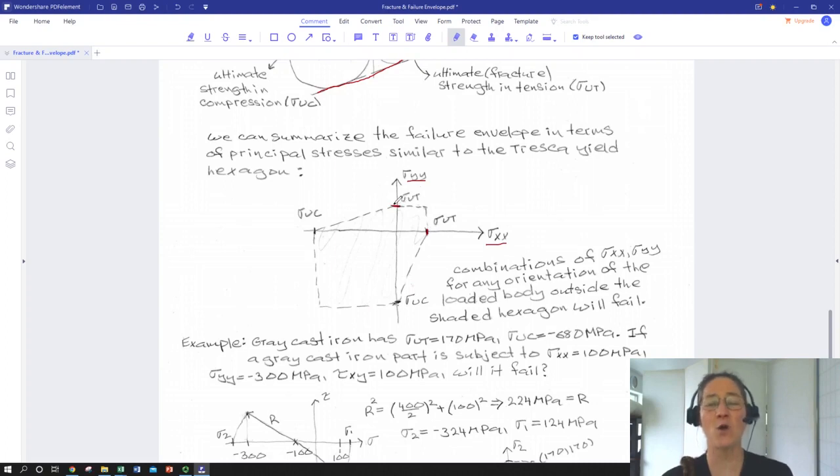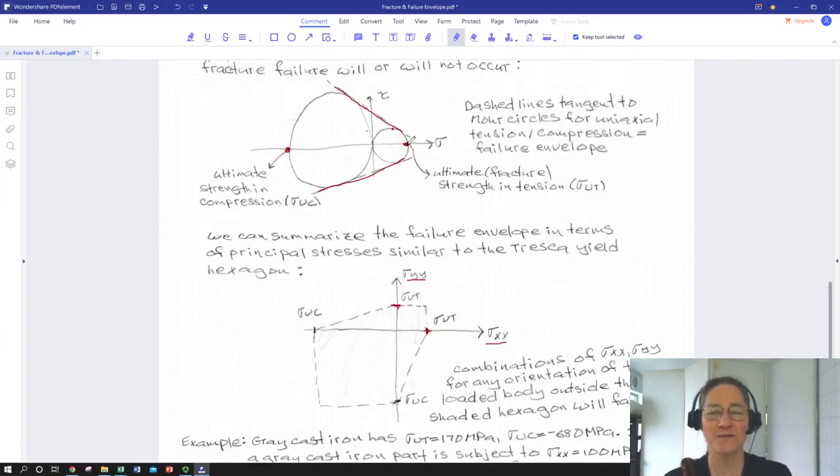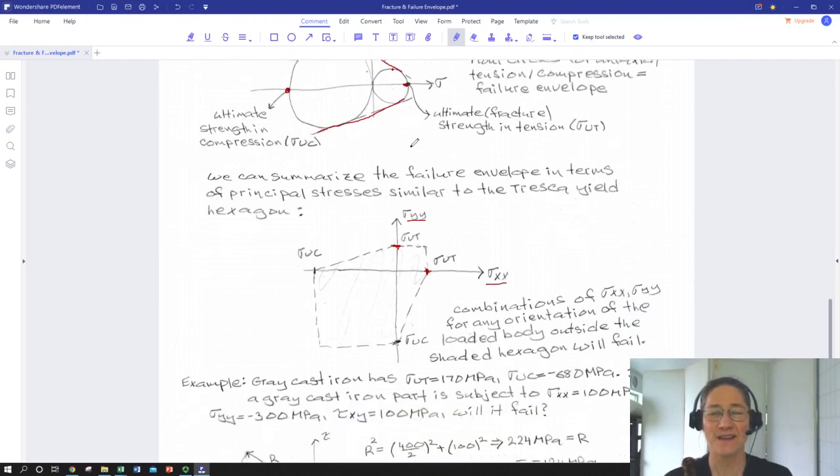So if we're only applying stress in one direction, which would correspond to this point or that point, we're going to fail at sigma ultimate tensile, which is this point here, because we're effectively just back in that uniaxial state. And likewise with compression, either here or here. And then we've got our diagonal lines, which represent a combination of loading states.